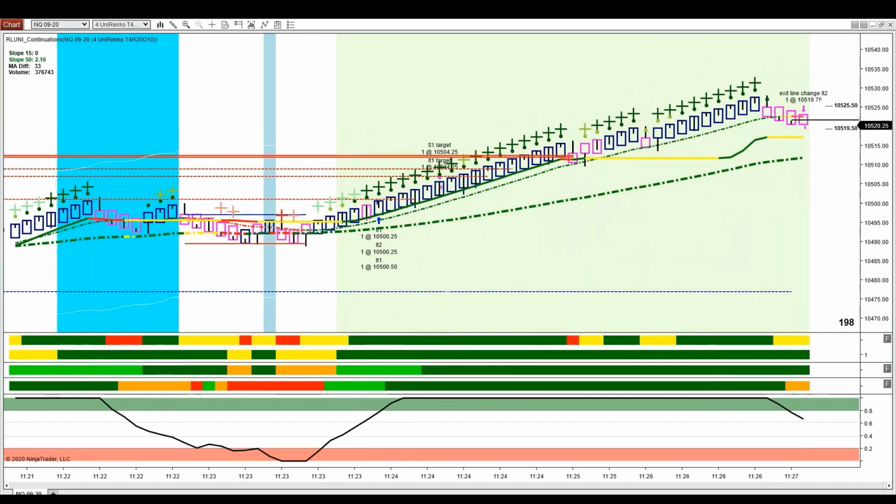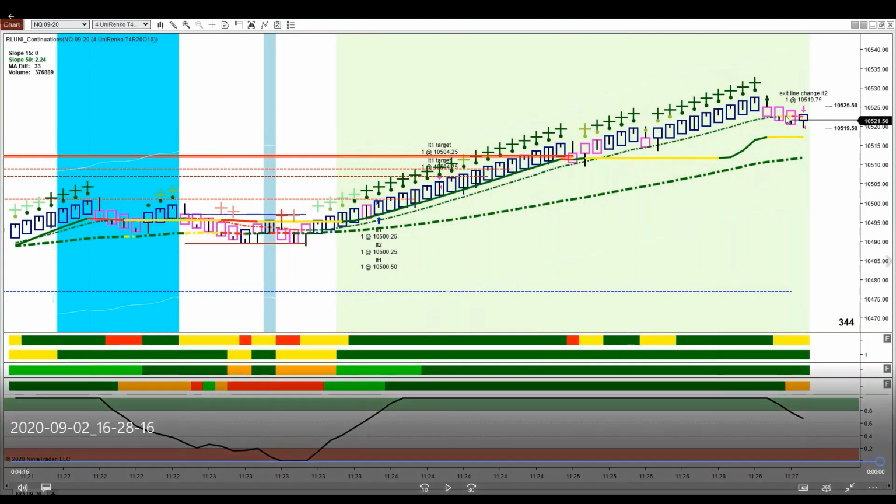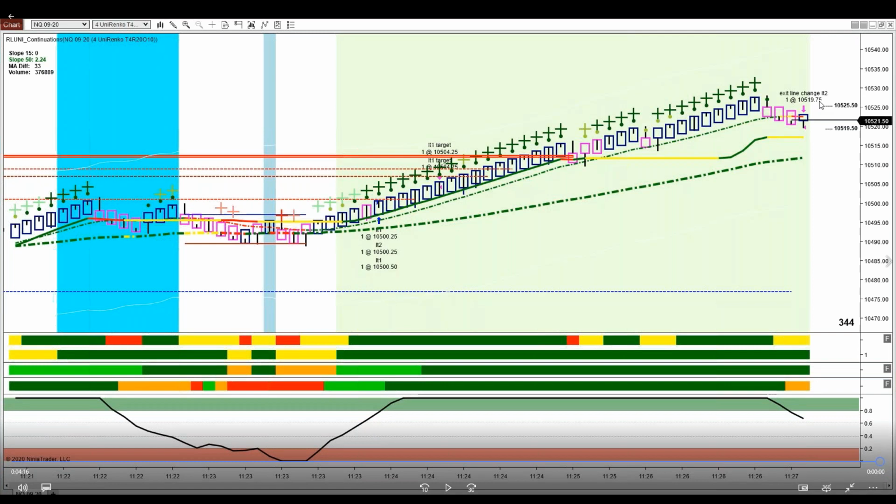Anyway, you're out. It came back, the line turned yellow, and it took you out of the trade. And if you look at the entry and you look at the exit, this is exactly an 80-tick trade. It's an 80-tick runner. On one contract, you made $400. Now, if you took 2 out at the first target, we have 2 out at 15 ticks.